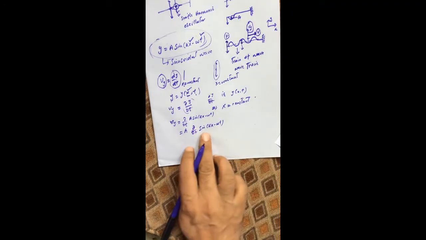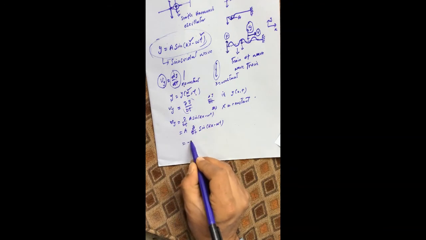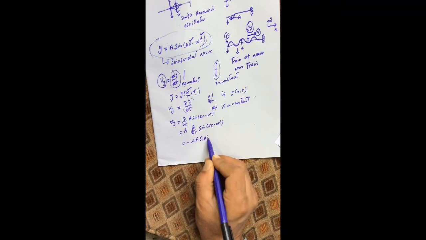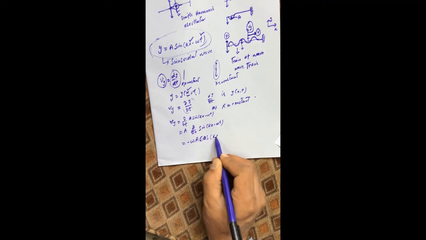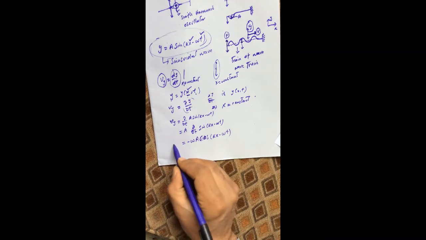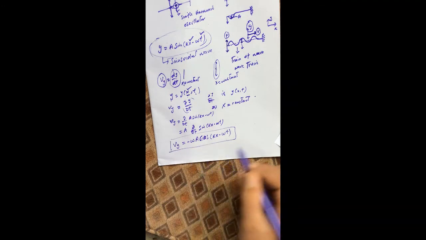If we take the derivative of sine with respect to t, we get minus omega a cos(kx minus omega t). This is the transverse velocity, or the velocity of the particle of the medium.